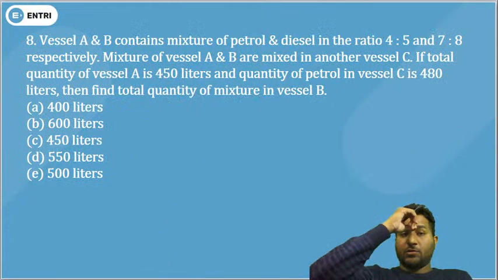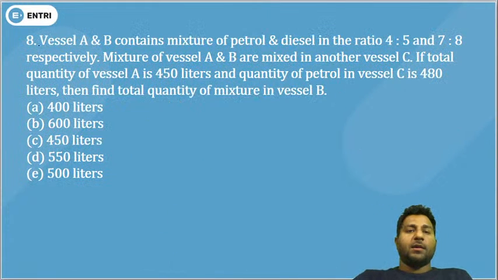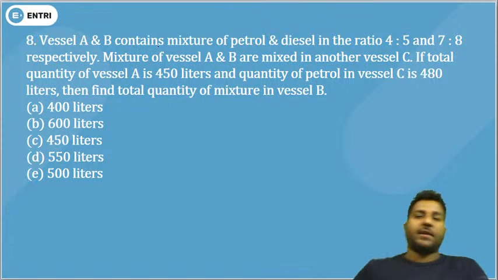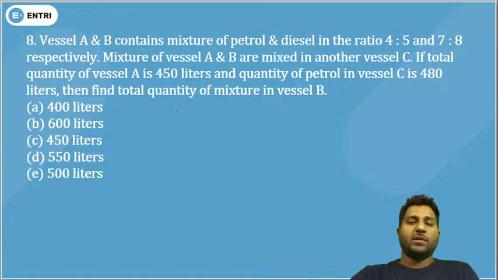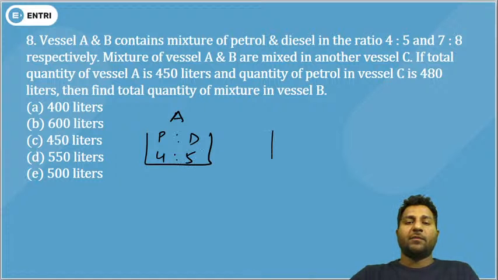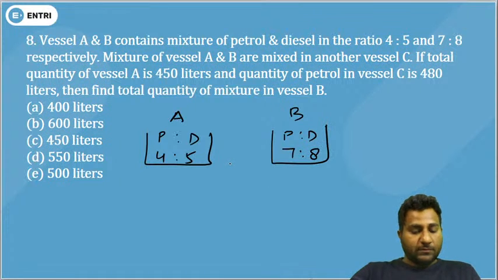Okay, let's move on to the next one. Vessel A and B contain a mixture of petrol and diesel. Vessel A has petrol and diesel in the ratio 4:5, and vessel B has petrol and diesel in the ratio 7:8.